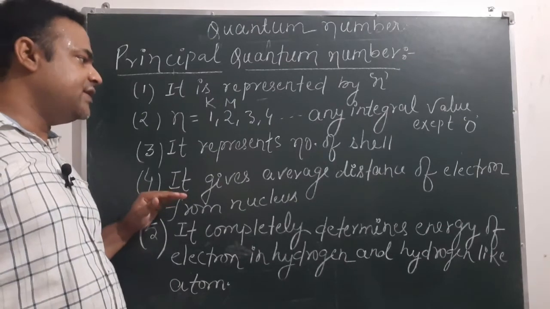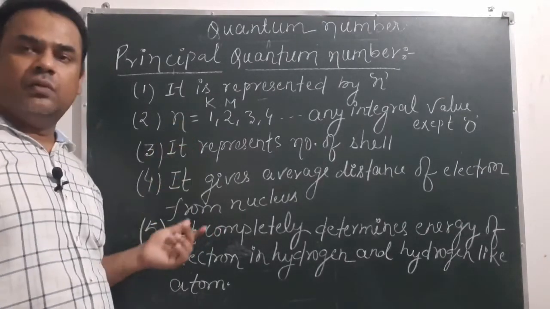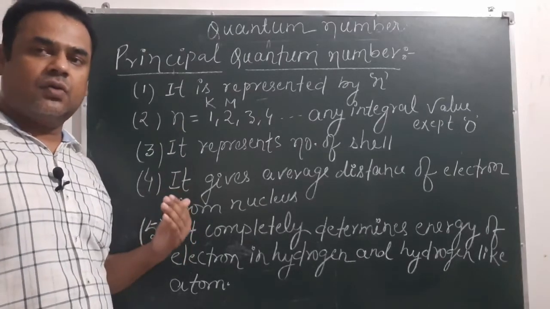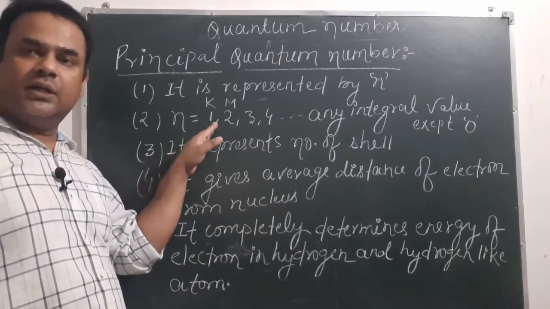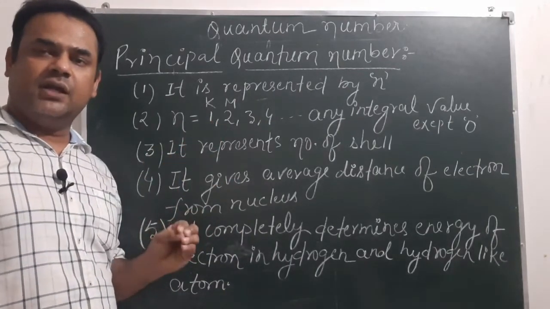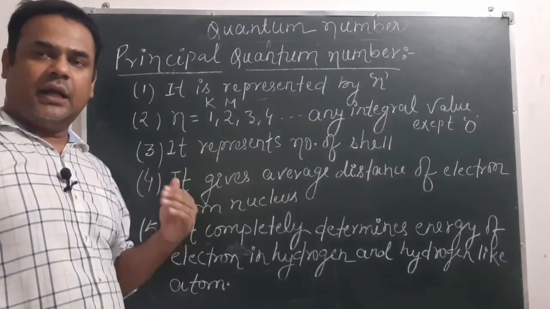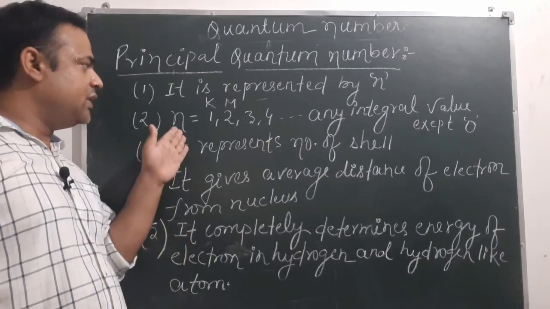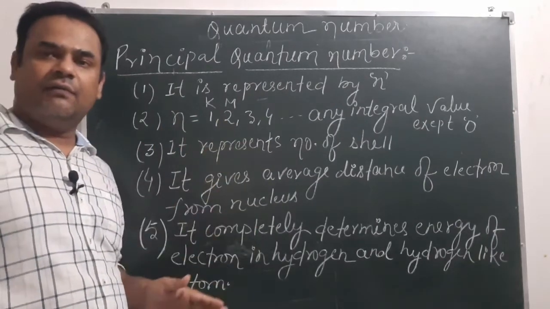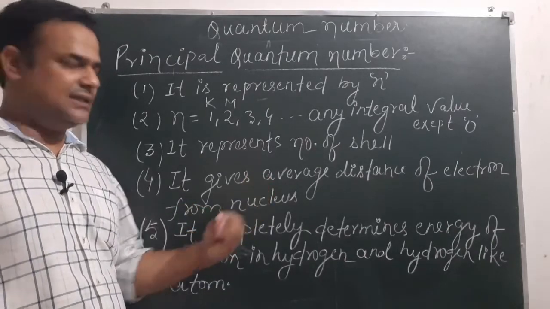It gives the average distance of the electron from the nucleus. This n value tells us how far the electron is from the nucleus. If n equals 1, then the electron is very close to the nucleus. If n equals 2, then the electron is a little away from the nucleus. So with the increase in n value, the distance of the electron from the nucleus increases.